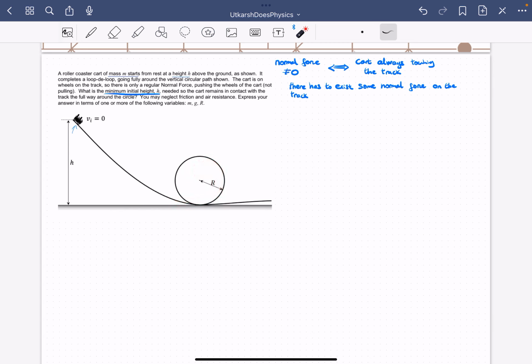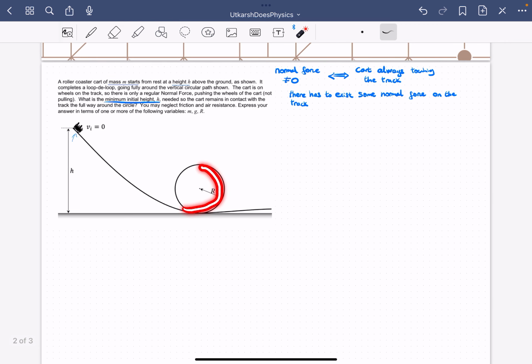So we have to look at what would be the most likely position where the cart would not have any normal force. And the justification is that it's at the top, because it takes the most energy for the cart to reach the top. And once it's reached this point, it's very easy for the cart to continue going around.